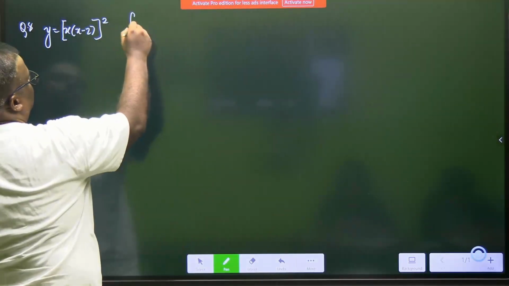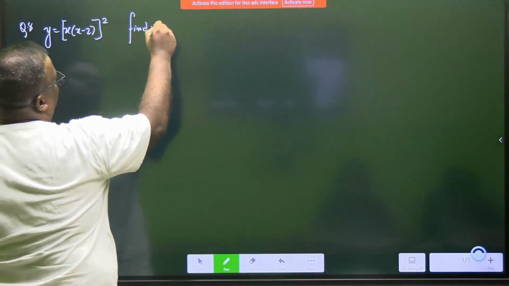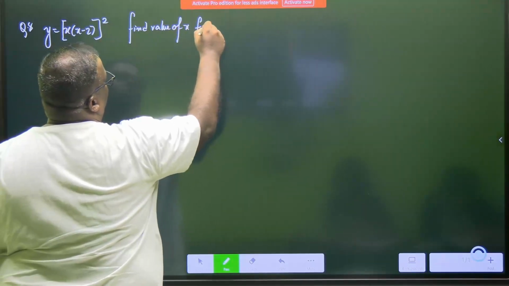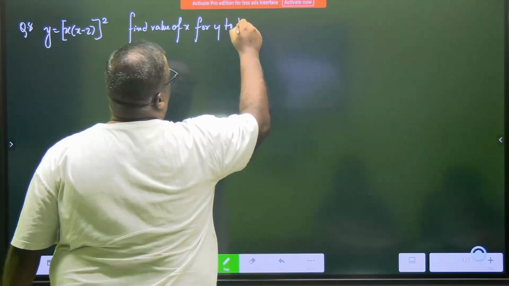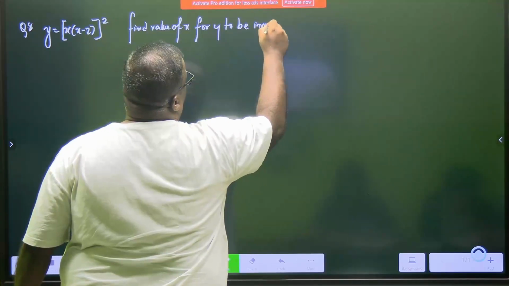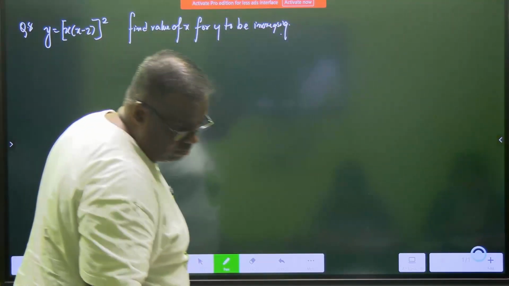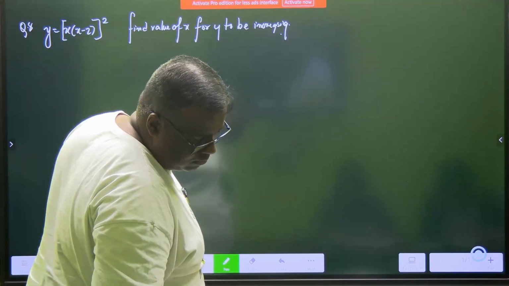So find the values of x for y to be increasing. That's what is being asked to us, right? Find the values of x for which y is increasing.